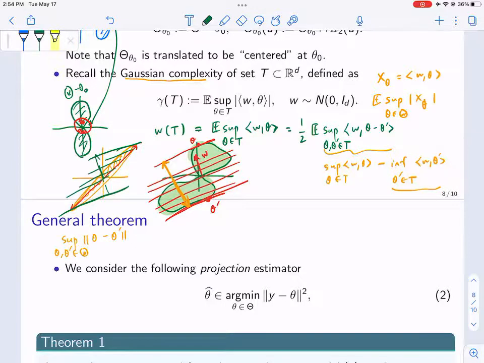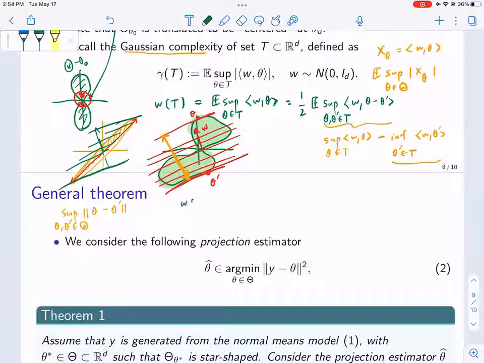For example, you can compute it for the L2 ball. What do you guess the Gaussian width would be? Let's say in R2, using these ideas.